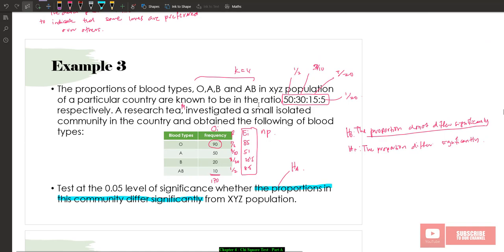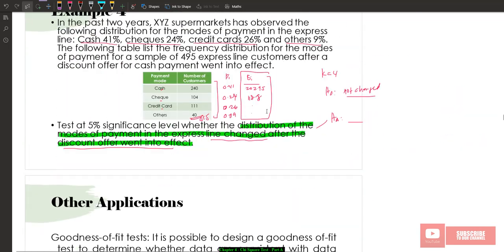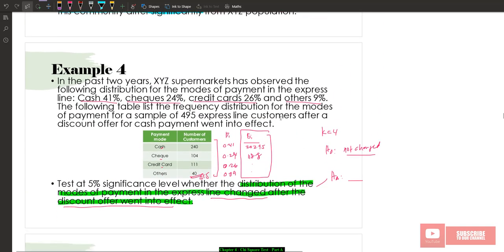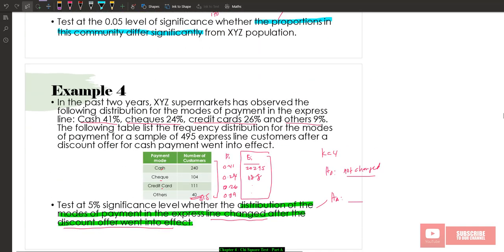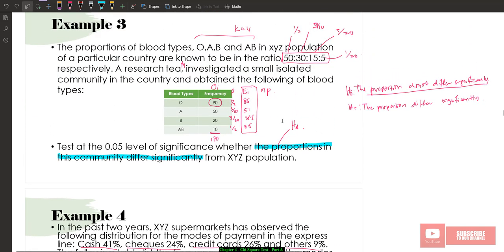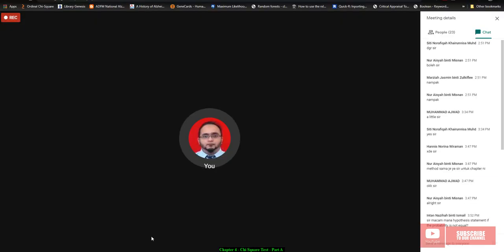Make sure you understand the first part of chi-square analysis, and tomorrow we will try the second part of chi-square analysis, which is the binomial and Poisson distribution. Hopefully you can copy the question. Alright, I think that's all. Thank you very much. Assalamualaikum.